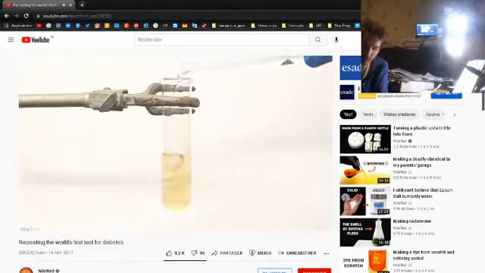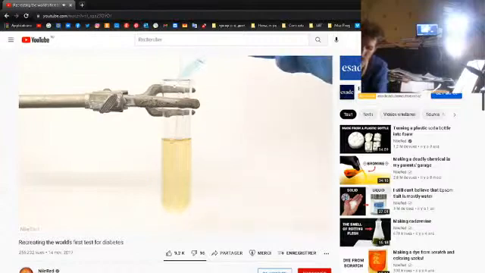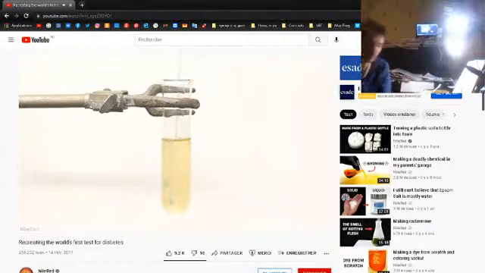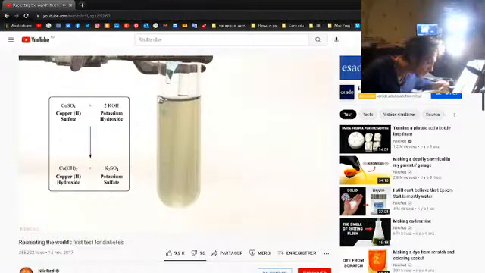Now, to test it out, the high sugar urine is mixed with about a third of its volume of the potassium hydroxide solution. Then to this, the copper sulfate solution is added dropwise with continuous mixing. Every time it's added, a small amount of greenish solid initially forms, which is copper 2 hydroxide.